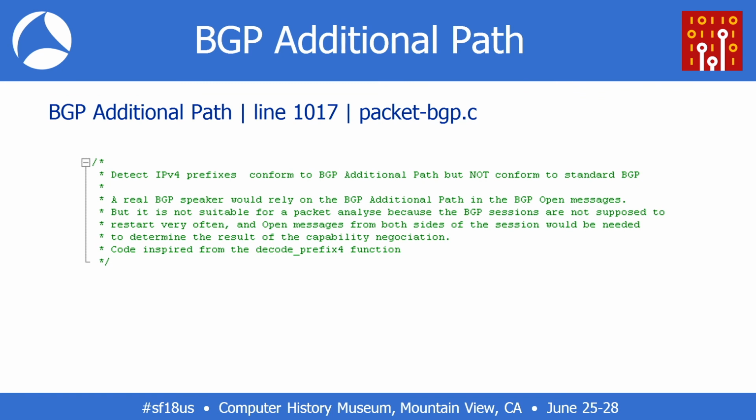There are other things in the dissector, with the IPv4 prefixes. With additional bars, there was also a bug, not conforming. And then one of the developers wrote something down: code inspired from decode prefix before function, the open messages, blah, blah, blah.